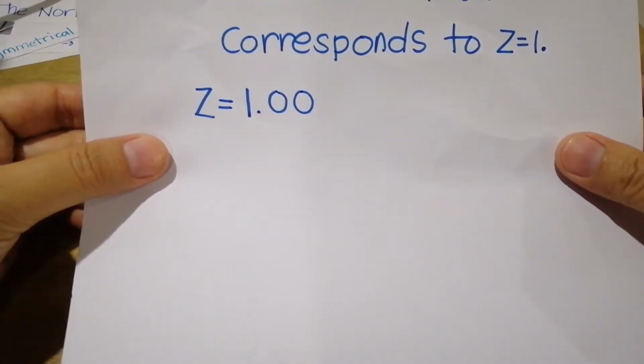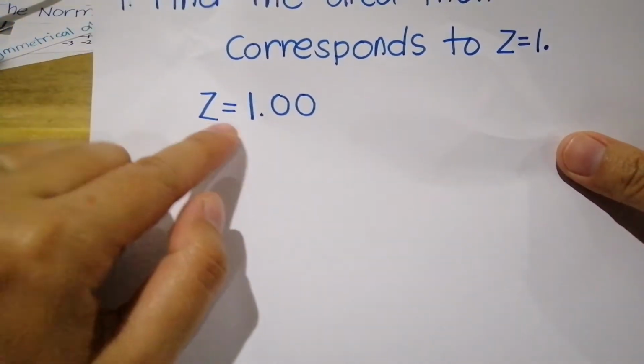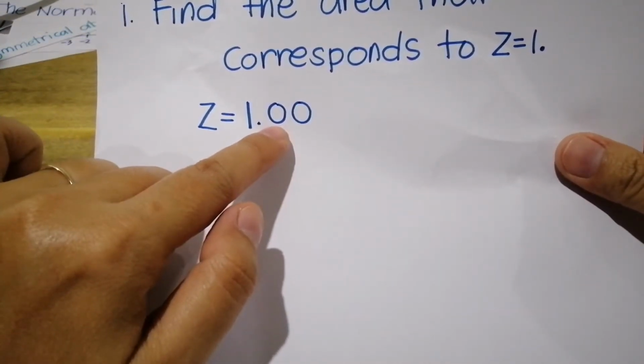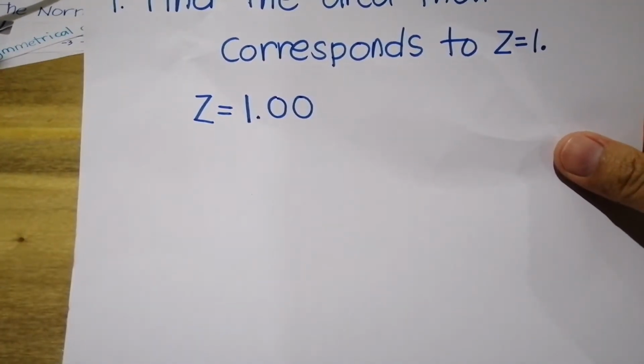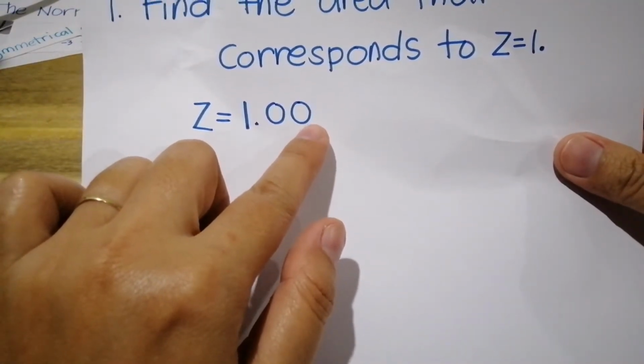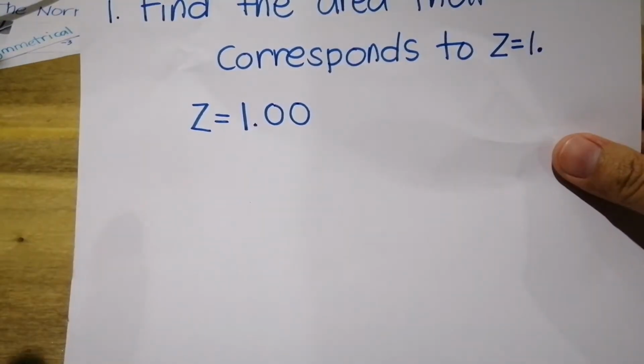The next step is we're going to use the z-table and find the first 2 digits, 1.0, on the first column, and then the last digit on the first row.